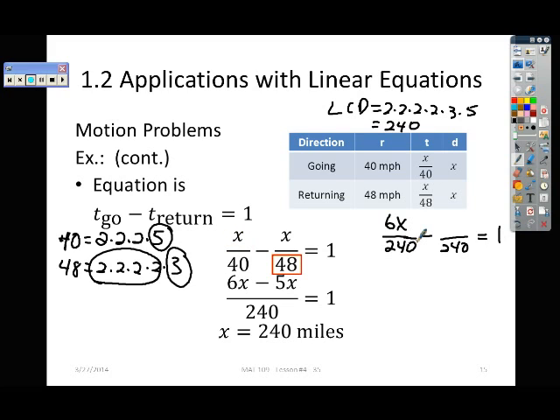To make this become 240, what do I have to multiply that by? So I have to multiply that by 5, and I get that. And that's where that comes from. Then you just solve that equation. From here, you'd multiply both sides by 240 to get rid of your fractions. 6x minus 5x is 1x. 1x equals 240.